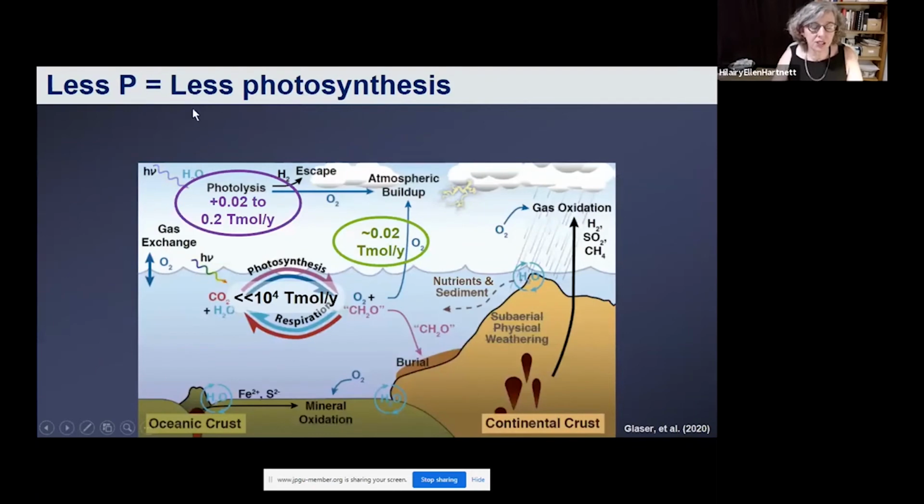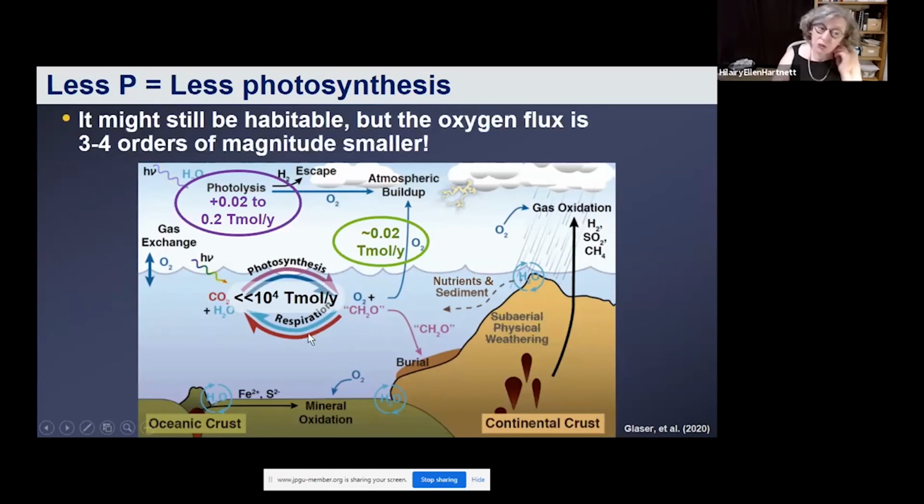Less phosphorus means less photosynthesis. So now, the rate of photosynthesis and respiration is much smaller. The net export of oxygen to the atmosphere is now only 0.02, and that's about 3 or 4 orders of magnitude smaller than for our Earth.